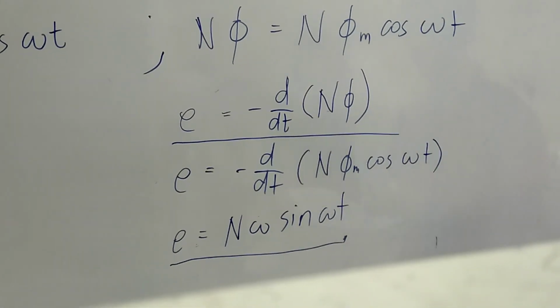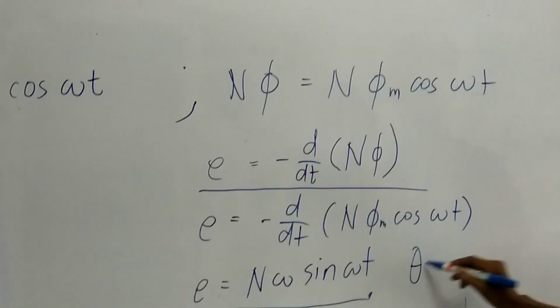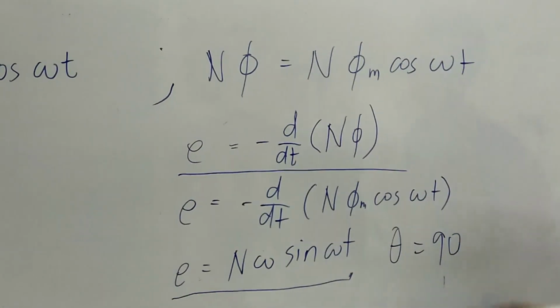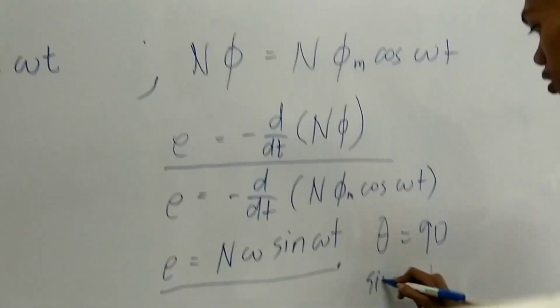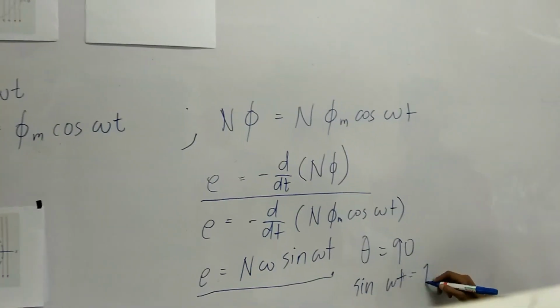Now, when the coil has turned 90 degrees, when theta is equal to 90, sine omega t is equal to 1.